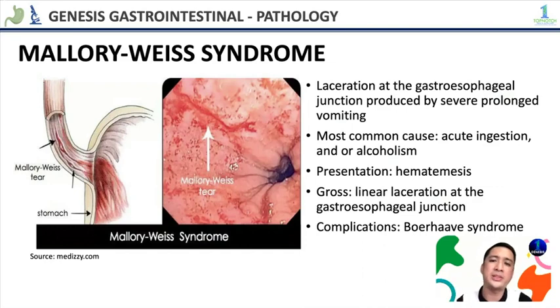The most common cause is acute alcohol ingestion, or shall we say the patient is alcoholic or there is alcoholism. Presentation, usually this linear laceration will present with hematemesis. Complications is Boerhaave syndrome, wherein the gastroesophageal junction is separated. Your Mallory-Weiss syndrome.